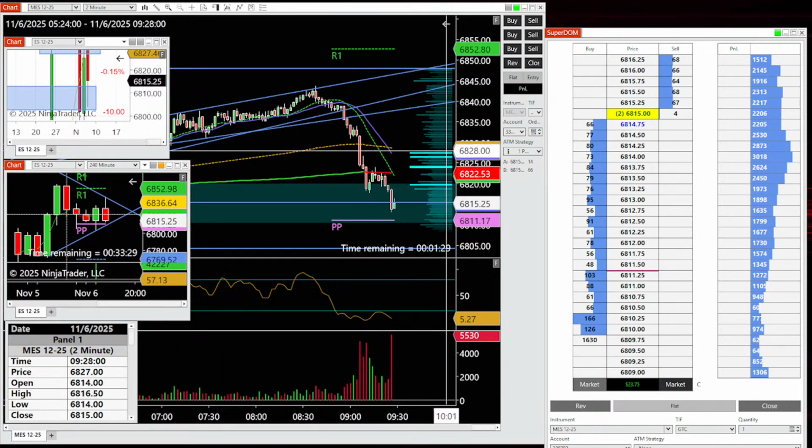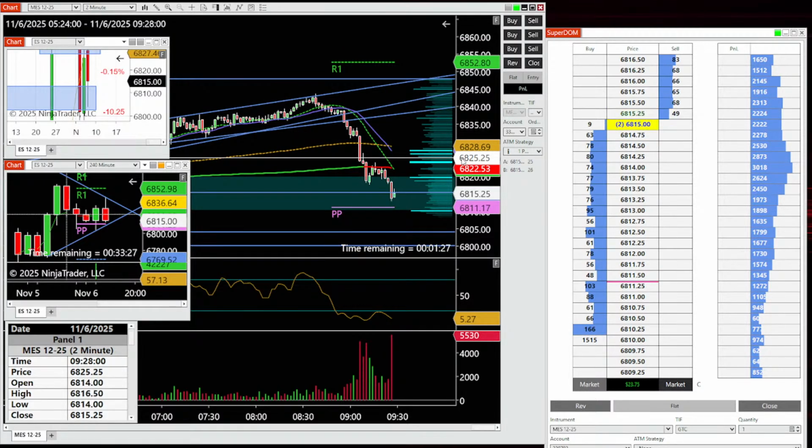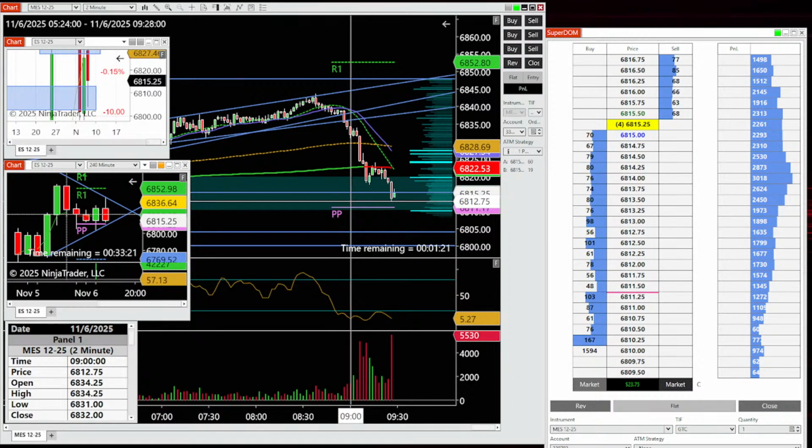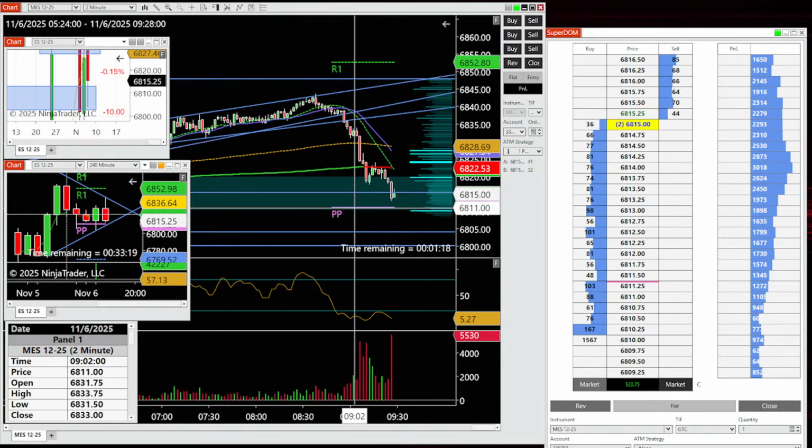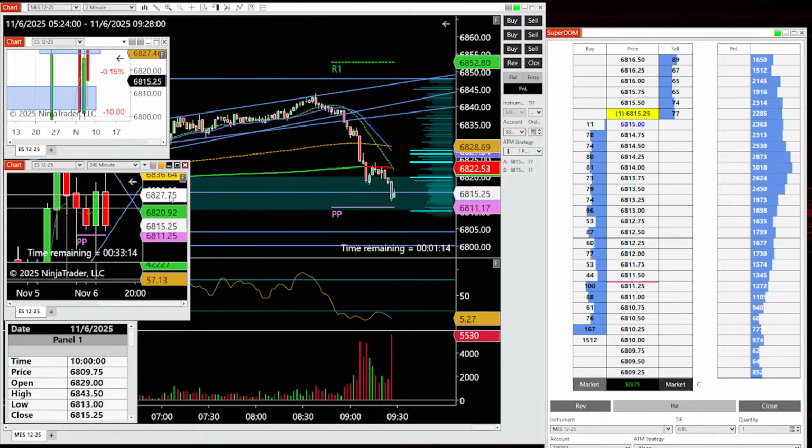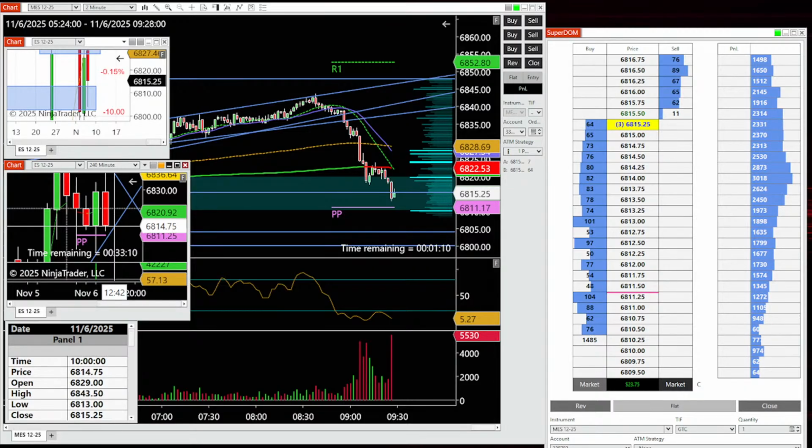So she's trying to get better at taking some profit and not going for too far targets, because that's what's been happening. I see some resistance and I don't get out at the first resistance.